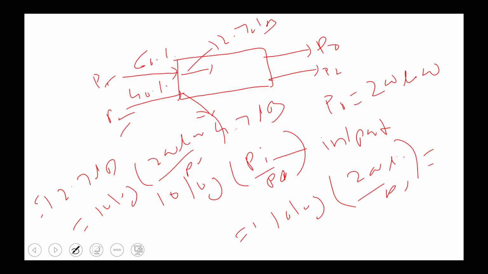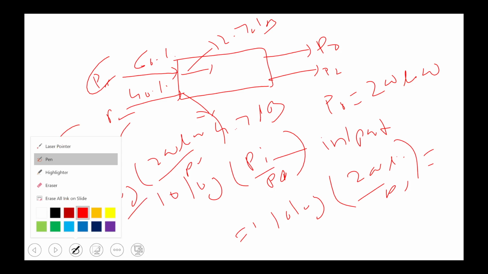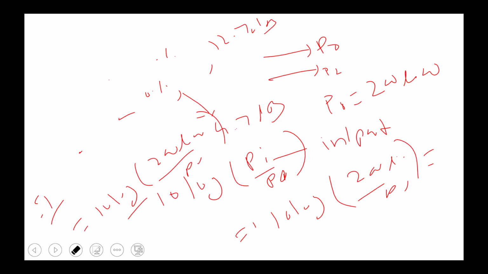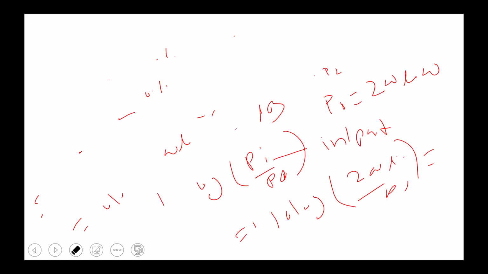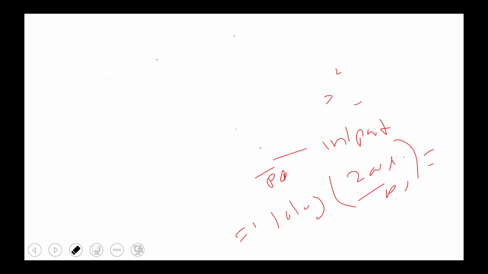From that you can calculate for that line, and again you put 4.7 dB and calculate for P2. Okay, Manish? From both you can get how much the input power will be if the insertion loss of the coupler is like that, and how much input power you have to apply to get an output power of 200 microwatt. Understand?